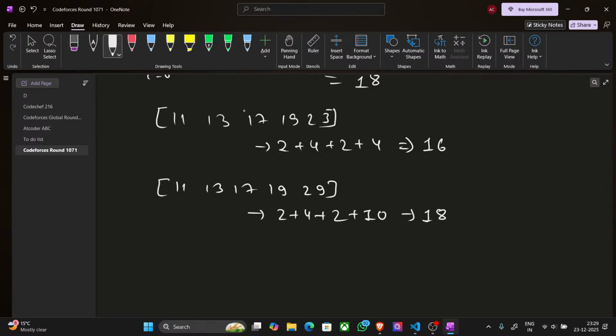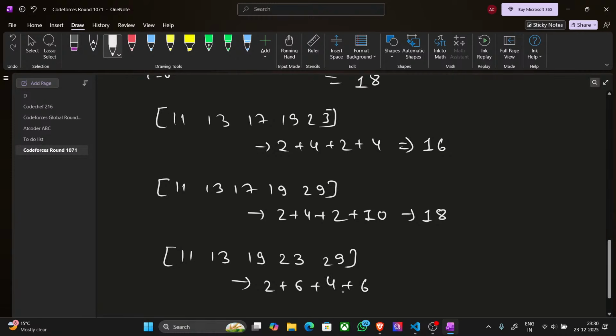If I delete any other index like 17, then this time the array will be 11, 13, 19, 23, and 29. Then our total sum will be 2 plus 6 plus 4 plus 6, which is again 18.